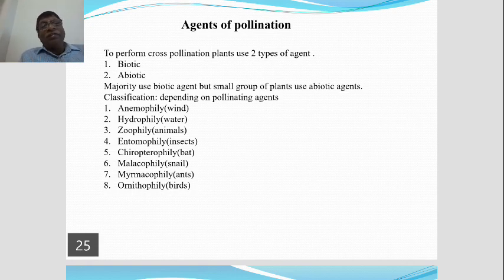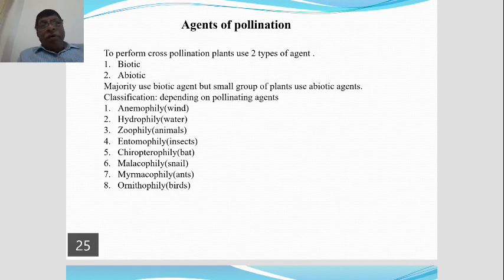How it occurs means through some agents it takes place. Depending upon the agent, pollination is classified into two types. One is biotic, the other abiotic pollination.